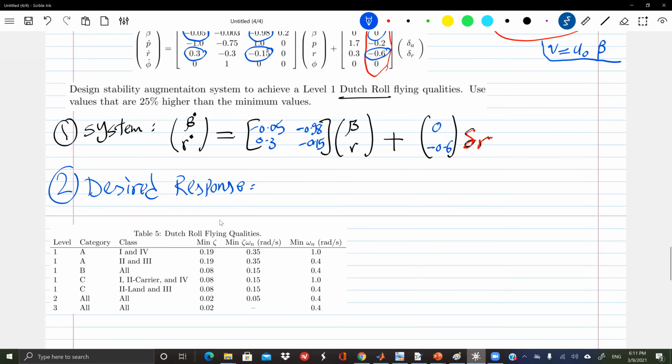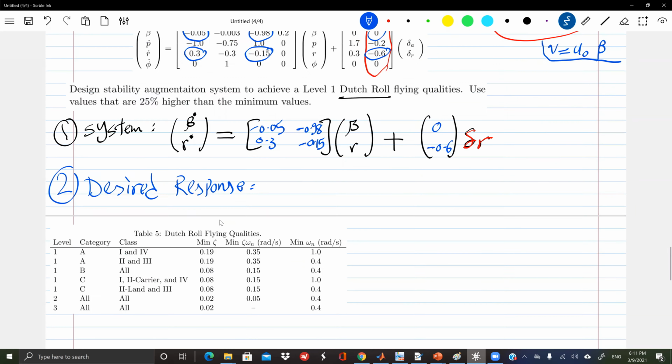We said class 1 and category C. Here is class 1 category C. Okay, done. Class 1 and category C.